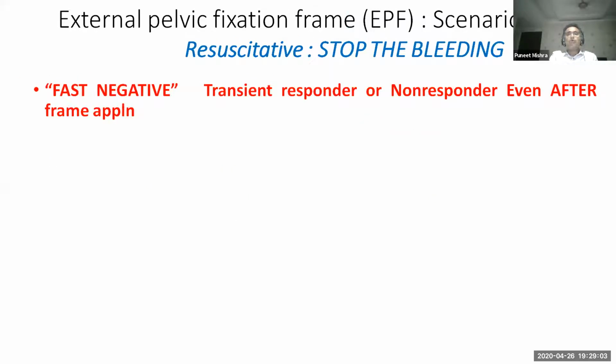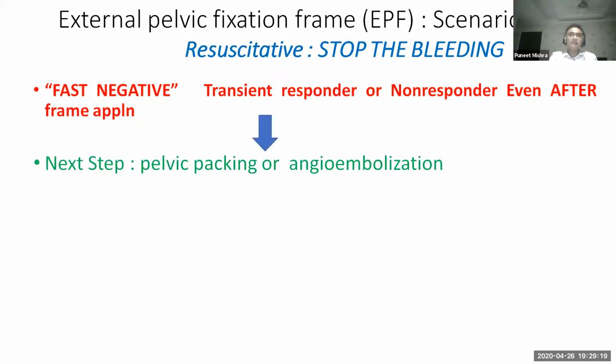Another scenario where you want to stop the bleeding immediately is a FAST negative patient who is a transient responder or a non-responder even after frame application. This is the patient who is likely to be continuing to bleed from the pelvic fracture, and more often than not would be a patient who is bleeding from a major artery. So this patient would probably require as a next step pelvic packing or angioembolization, depending on your setup and on your availability of angioembolization facility.